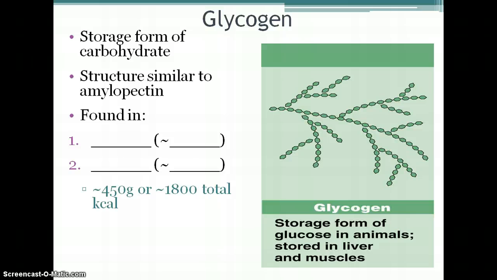Now, the amount of glycogen that's stored within muscle can be altered by one's diet and physical activity. So you may have heard of this strategy known as carbohydrate loading or carb loading.